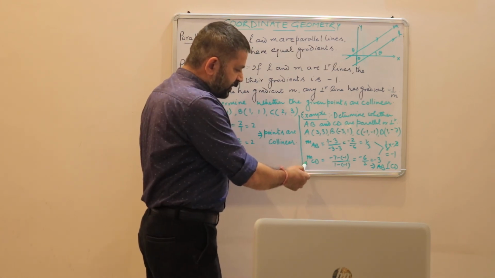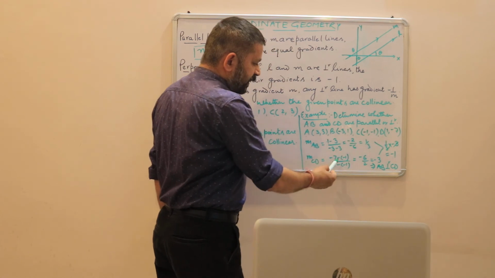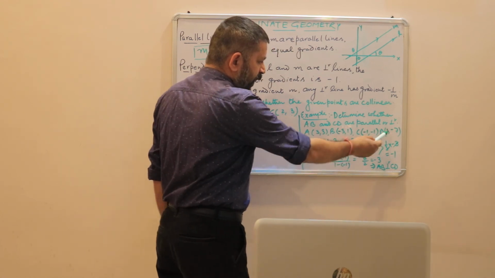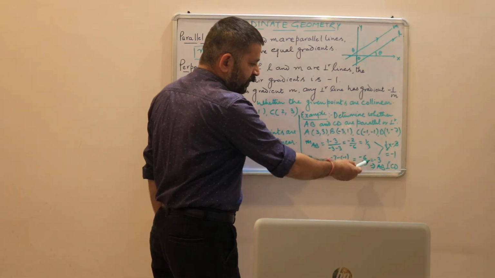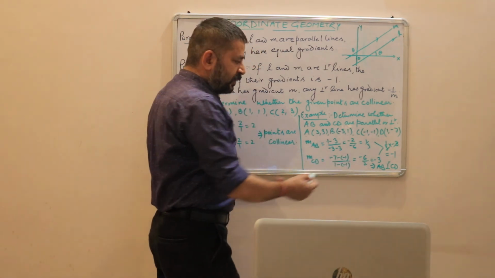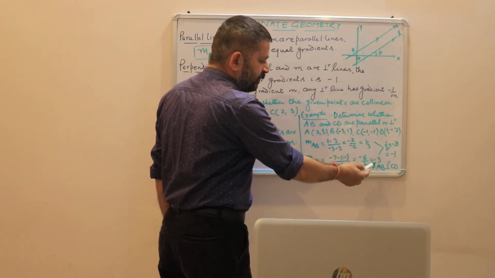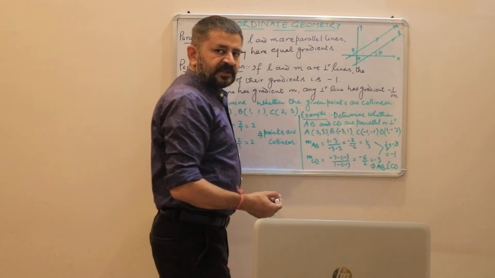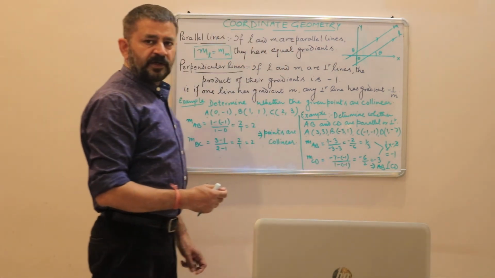Now we'll find gradient of line CD, that is (minus 7 minus minus 1) upon (1 minus minus 1), that is minus 6 upon 2, which is minus 3. We can check the product of these two slopes, 1 by 3 and minus 3, is minus 1. Hence we can say that line AB is perpendicular to CD.